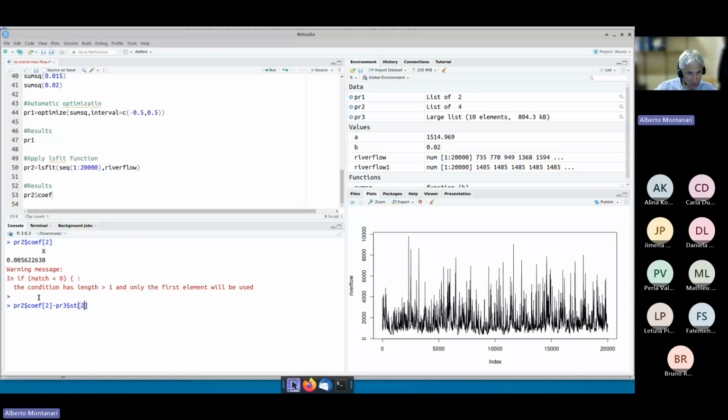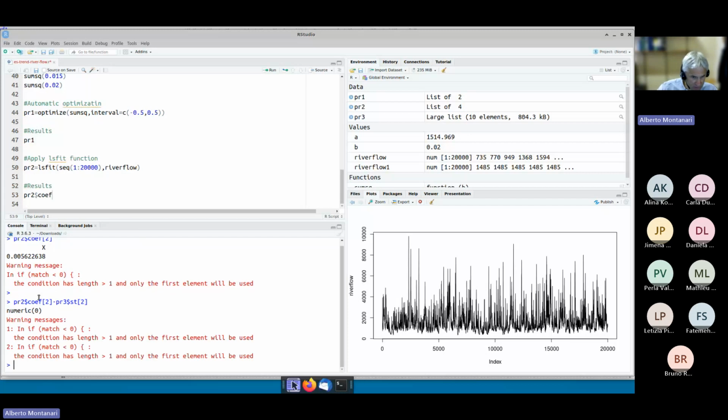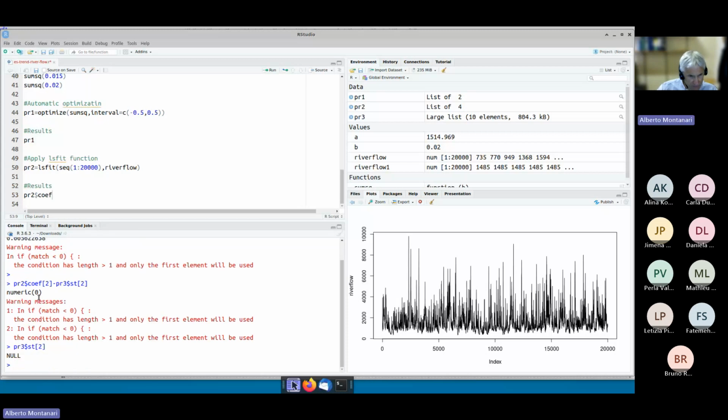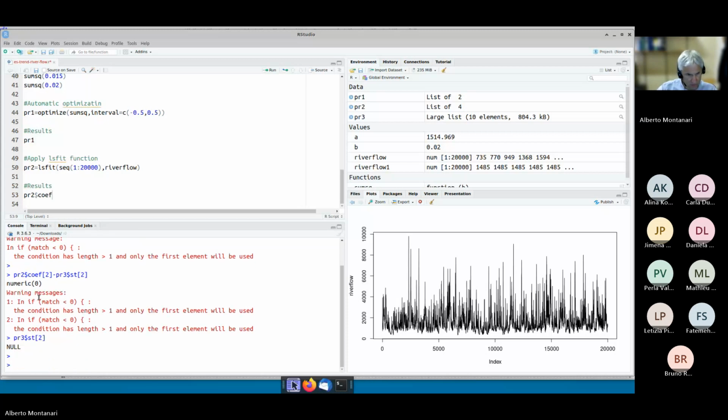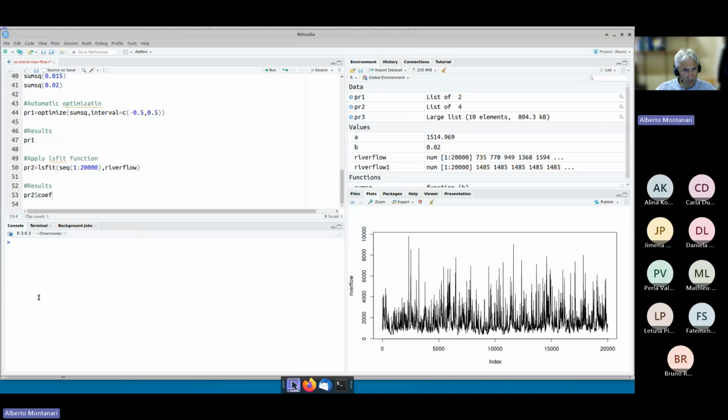And this should give me the lower value. Let me clear again. Okay, let me repeat the computation of ls diag, because I don't understand why I keep getting this warning.